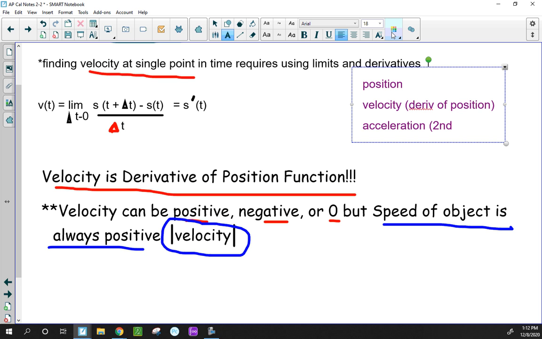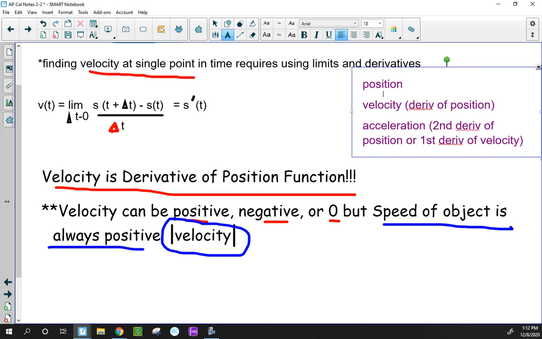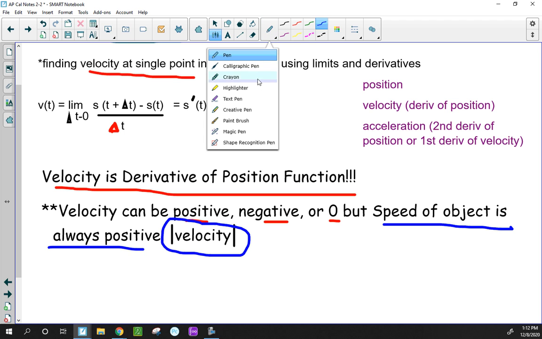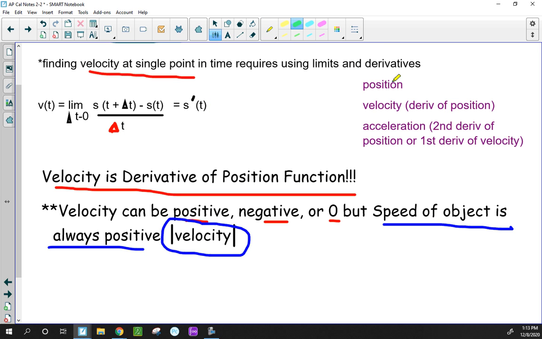It's either the second derivative of position or the first derivative of velocity. You can kind of look at it either way. So position's first, velocity second, acceleration is third.